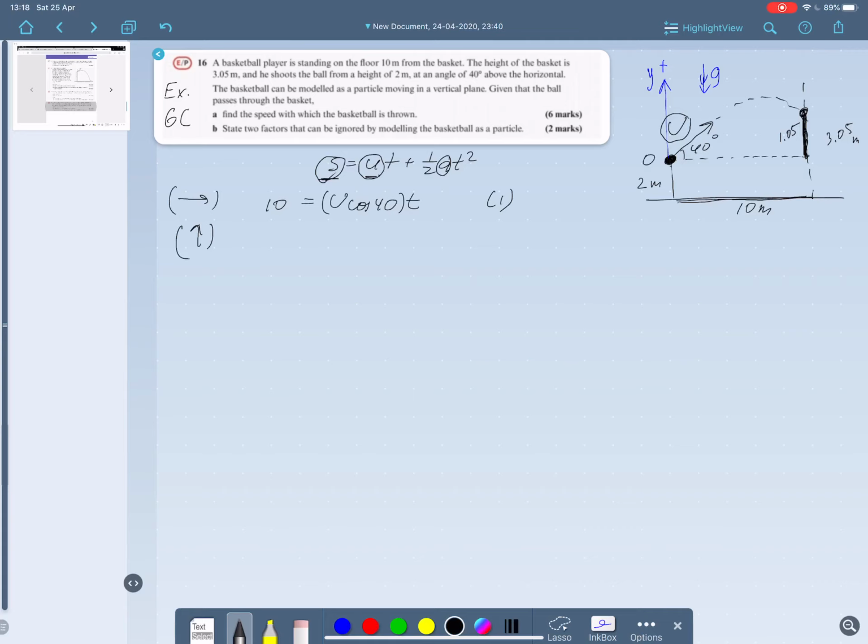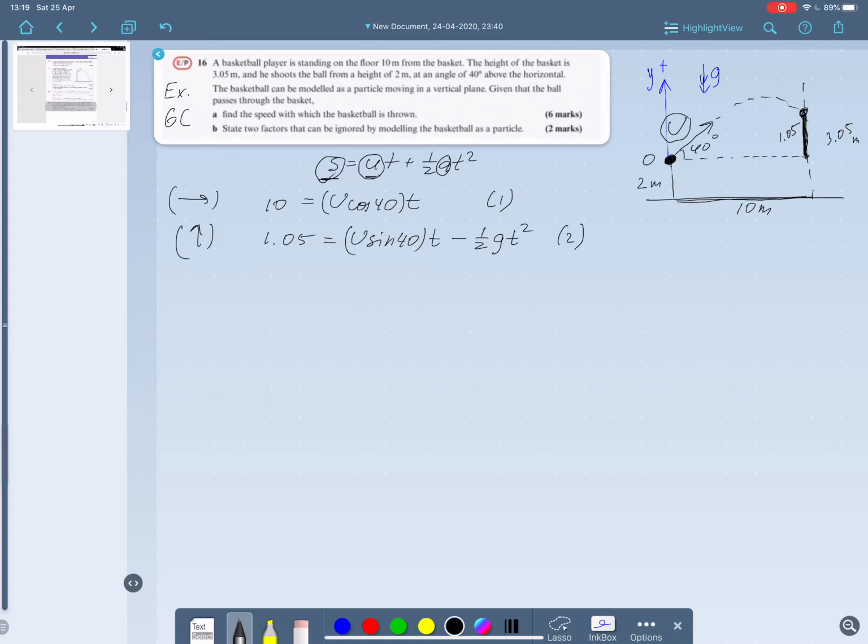Vertically, displacement is 1.05 up. Vertical component of the initial velocity is u sin 40 multiplied by time. Then we have minus half g t squared. So that's equation number 2.